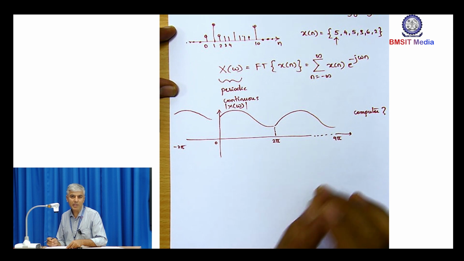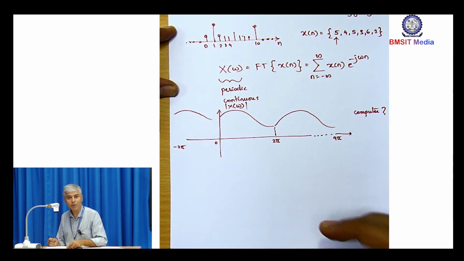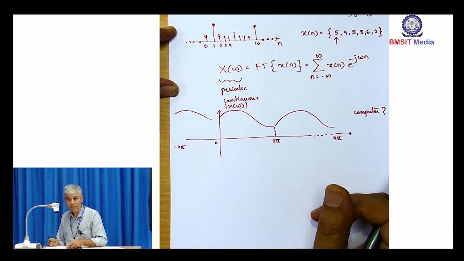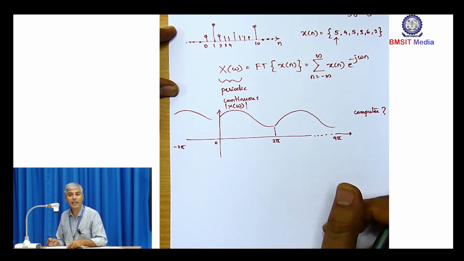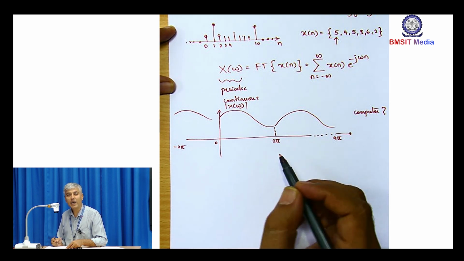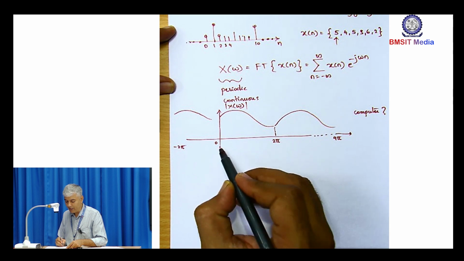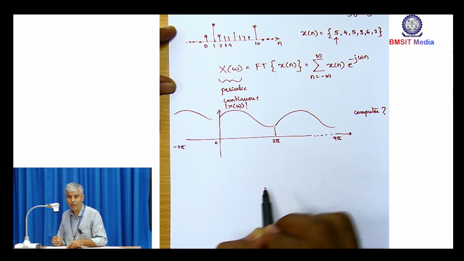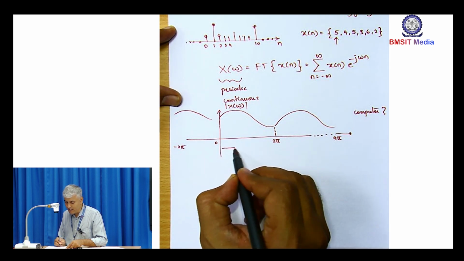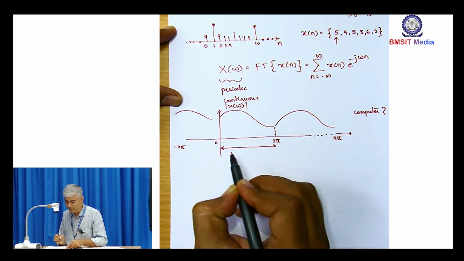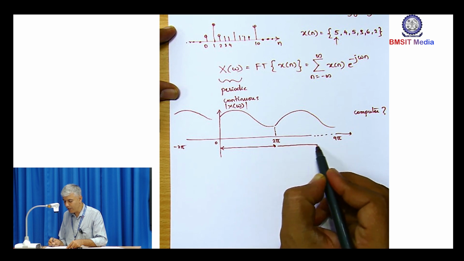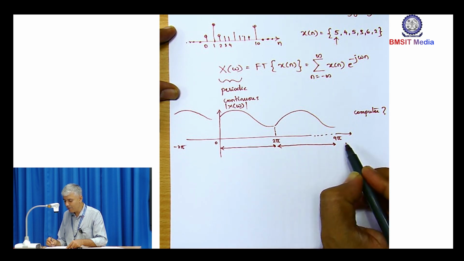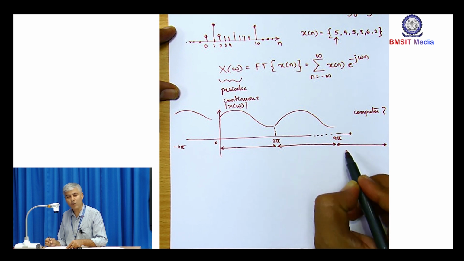So I want to represent this signal in a computer, and because of the finite memory available in the computer, I cannot represent the infinite number of samples between 0 to 2 pi. Whatever information is in this 0 to 2 pi range is repeating from 2 pi to 4 pi and from 4 pi to 6 pi and so on.